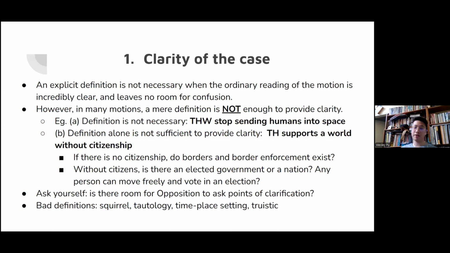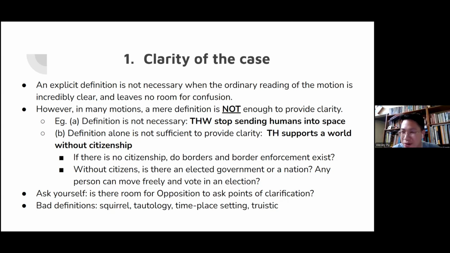Let's just talk about clarity. So what is clarity? An explicit definition is not necessary when the ordinary meaning of a motion is incredibly clear and leaves no room for confusion. For example, if you want to make a debate about this house would ban school buses in a neighborhood, okay, it's not a great motion, but you don't have to come out in the debate and say, here's what the definition of a school bus is.